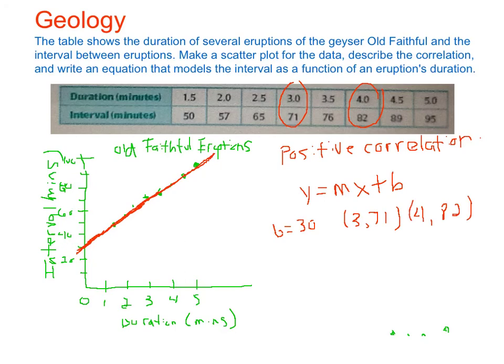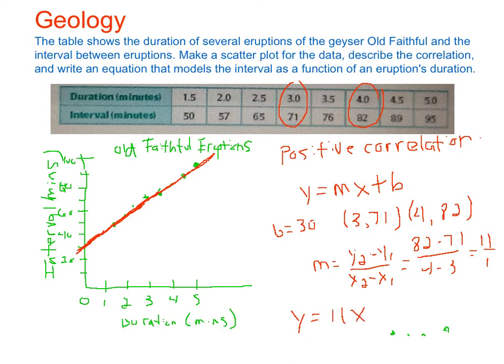So I can do the y2 minus y1 over x2 minus x1, and that would give me 82 minus 71 over 4 minus 3, which would give me 11 over 1, so my slope's 11. So I can plug those values in. My equation would be approximately y equals 11x plus 30.